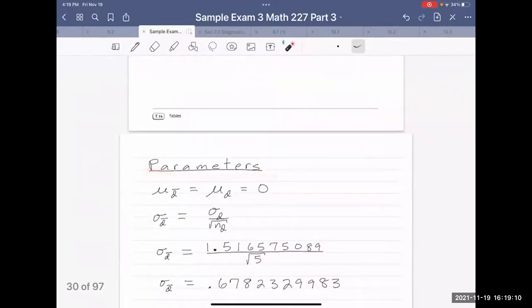Let's find the parameters. The mean for the sampling distribution of the sample average of the differences is the mean of their differences, 0, by the null hypothesis.